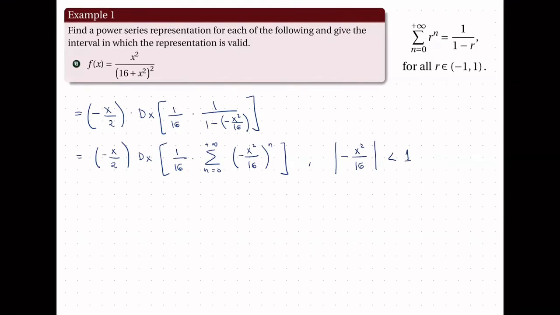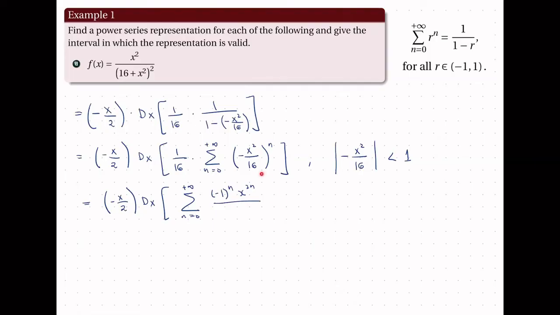Okay? And then, simplify muna natin yung nasa loob ng ating bracket. So we have negative x over 2 times the derivative with respect to x of the summation from n equals 0 to positive infinity of negative 1 raised to n, x raised to 2n over 16 raised to n.